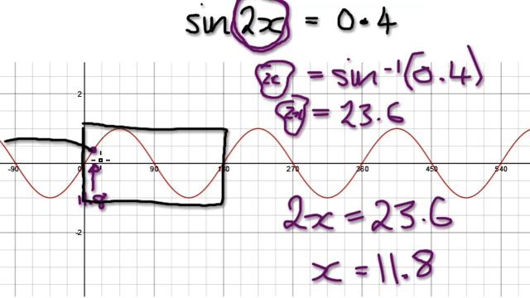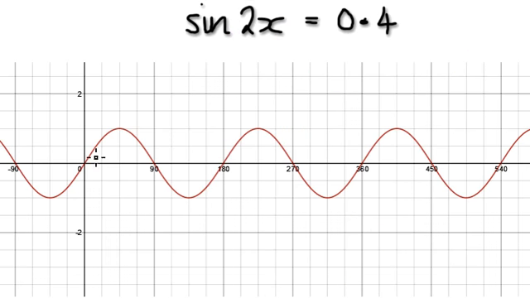So our first value is 11.8. So you can write x equals 11.8 plus multiples of 180.